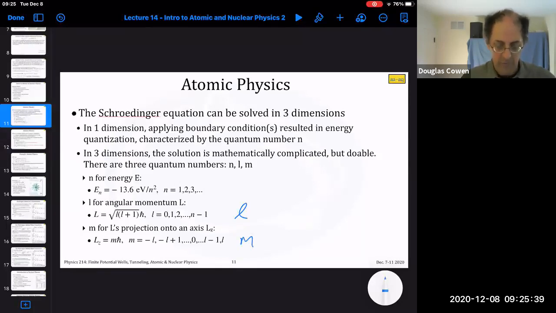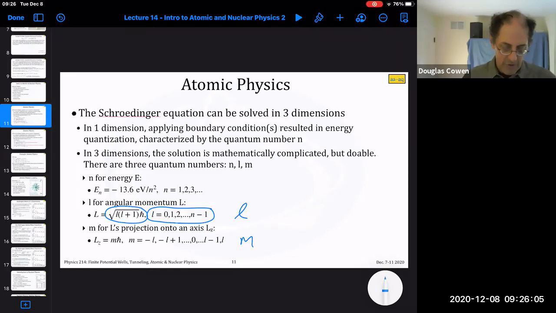Lowercase l is for the total angular momentum, capital L, and lowercase l can vary between 0 and n minus 1. And it gives you the value of the total angular momentum, which is the square root of l times l plus 1 times h bar.